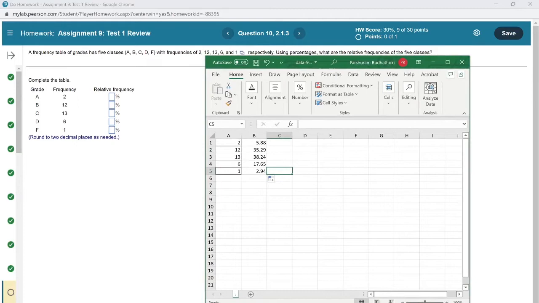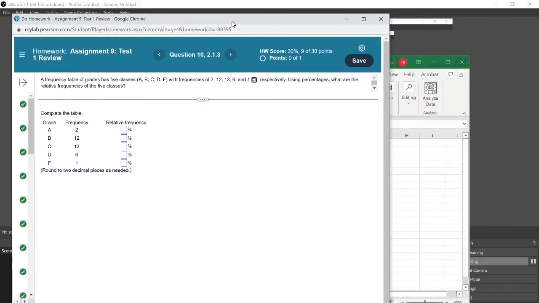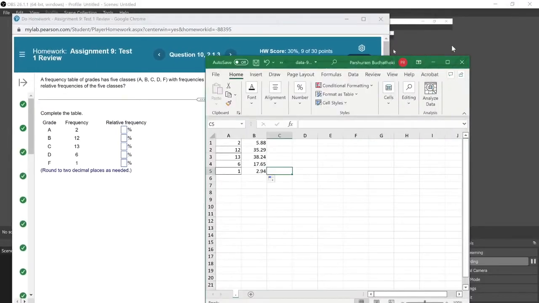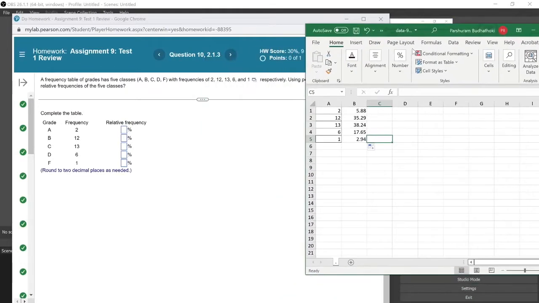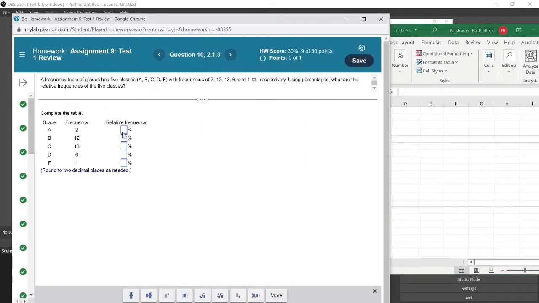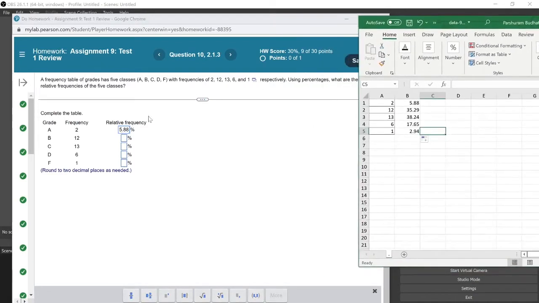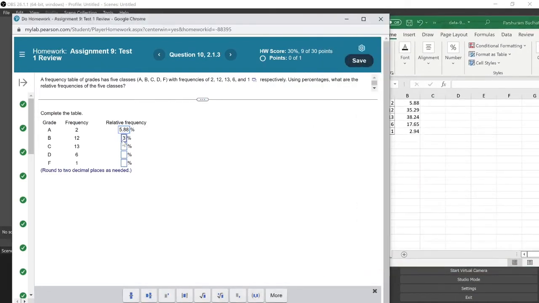I'm going to type these values here. You can do it using the calculator as well. So 5.88, 35.29, 38.24, 17.65, and 2.94.